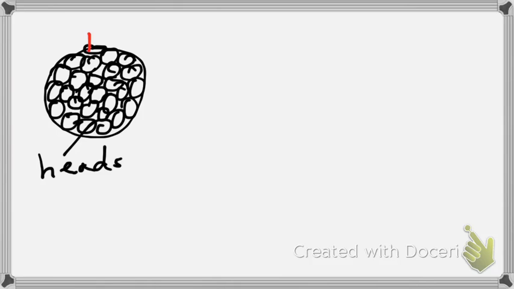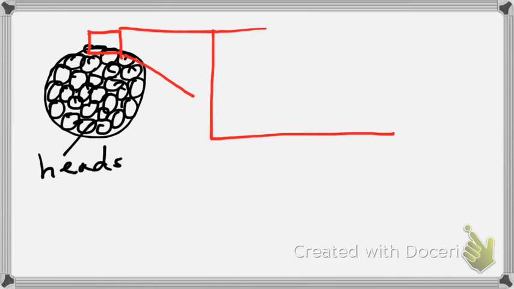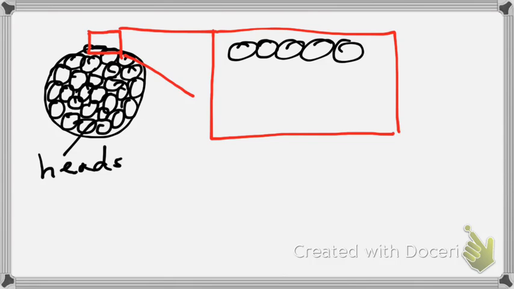I'm going to take a cross section of just the top part, and we're going to zoom in on it. This is how you show that you zoom in on something. When we do this, this is what you can draw when you zoom in on it. Draw the circles going all the way across.